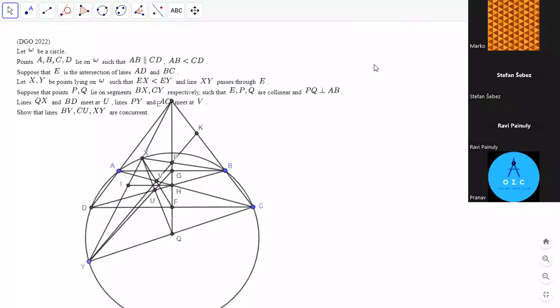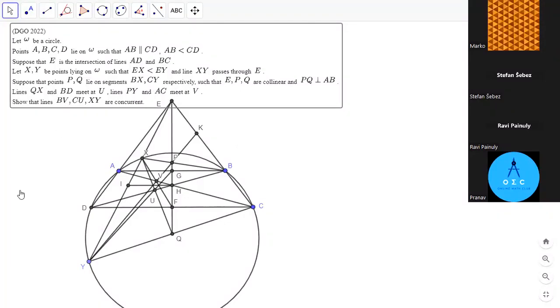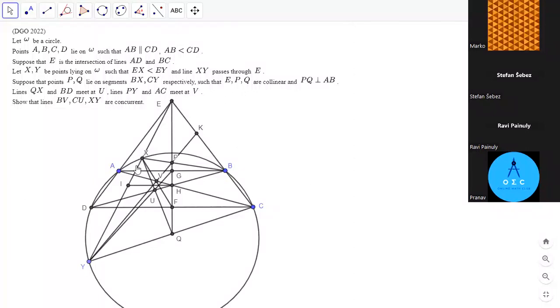Sorry, it's hard to make more room here. If we project E, H, P, Q, then that should give us the harmonic quadrilateral C, D, X, and this point.